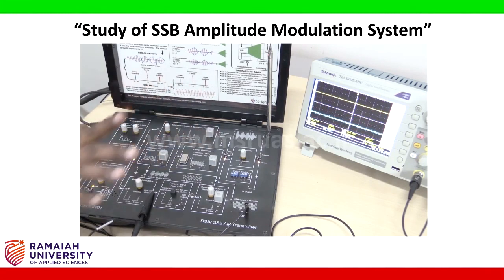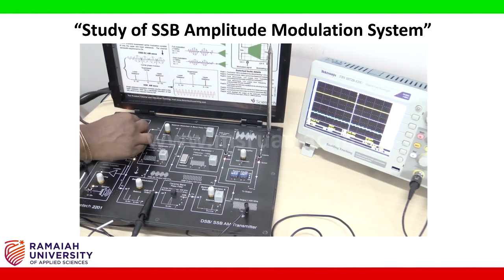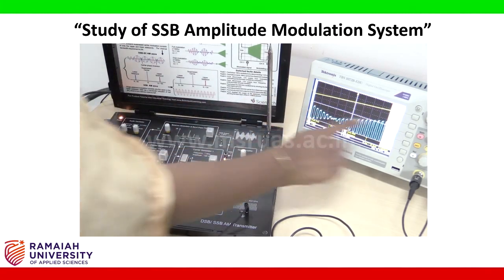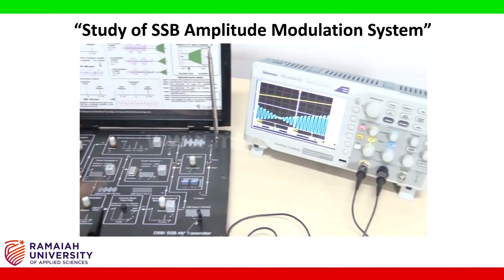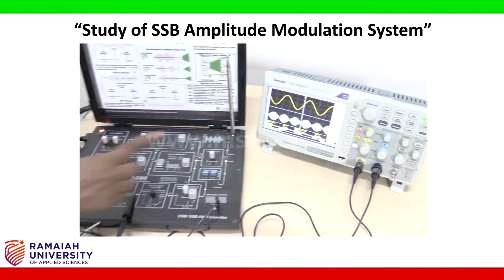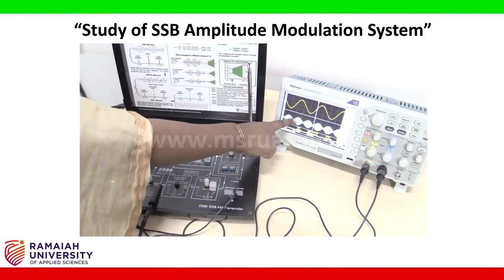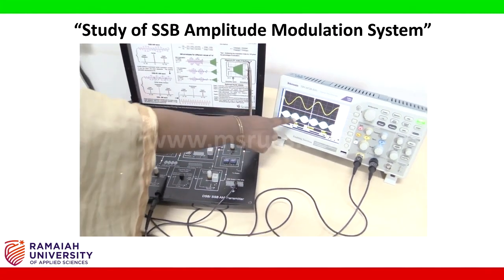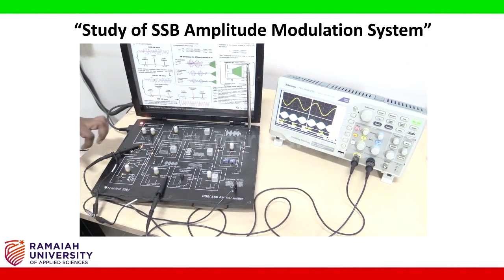So this is almost 0. Now put the message amplitude back. Now again give an auto set. So this now represents a DSB wave without a carrier, DSB-SC.